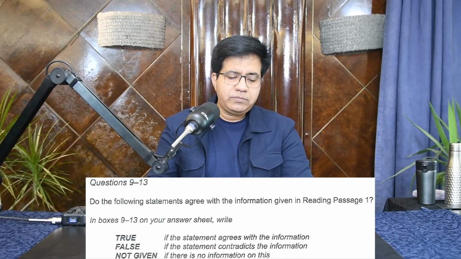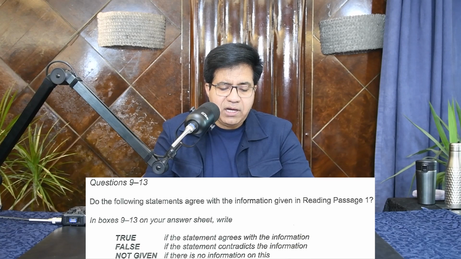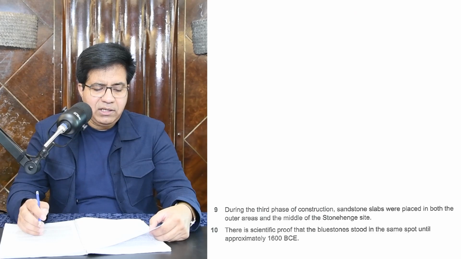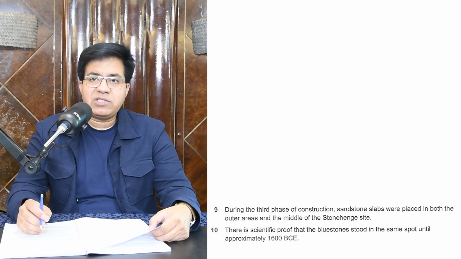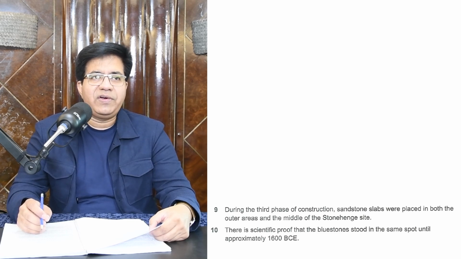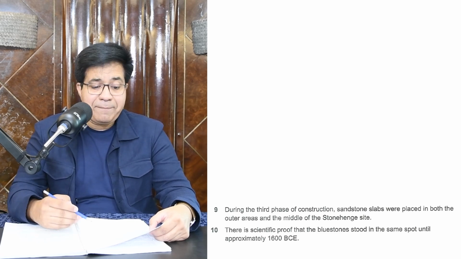Now we come to questions 9 to 13. Do the following statements agree with the information given in reading passage 1? True, false, not given. So we've got question number 9. During the third phase of construction, what's the clue word? Third phase. Now what happened? Let's see.